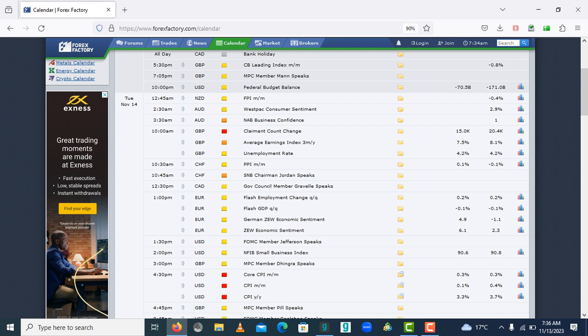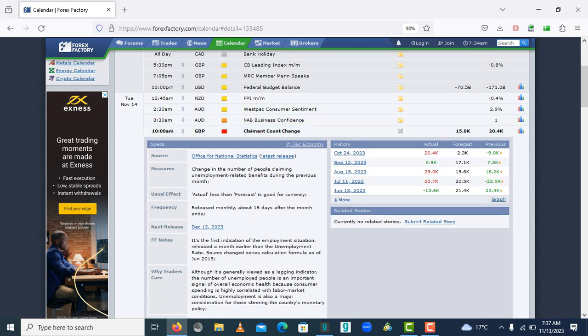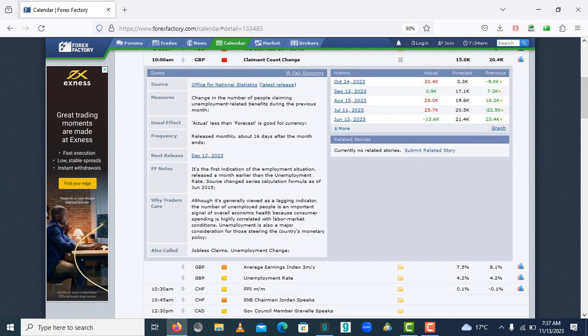You have this news for my time, it is 10 a.m. GBP, and that is the currency being affected, and this is claimant count change. Now, what you need to do, you should come and highlight this news to know what will happen when something happens. There are three things that you get from that. You will see the actual, you will see the forecast, and you shall see the previous.